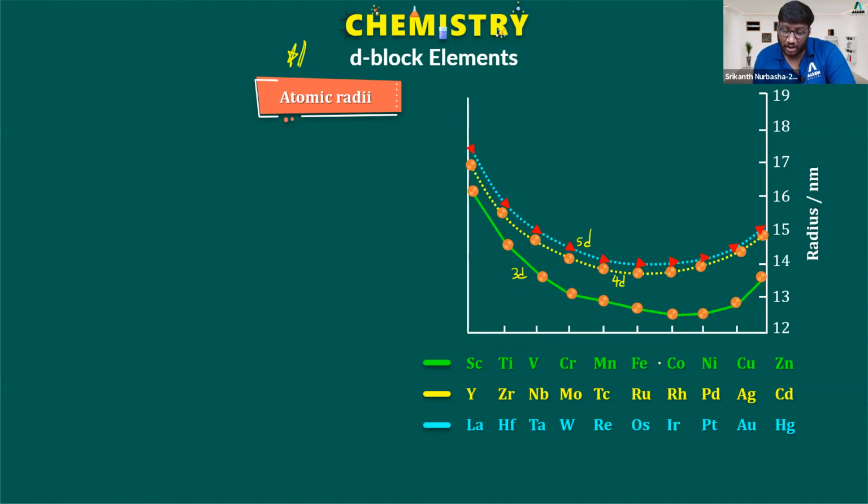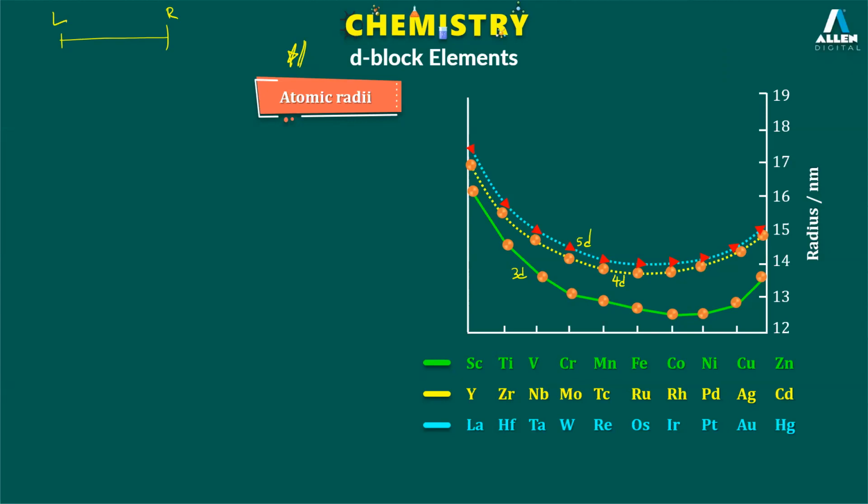If you look at this, how is the atomic radius varying? Generally, if you go from left to right in a period, how should the atomic radius vary? General case; we do have exceptions. It decreases. Why?